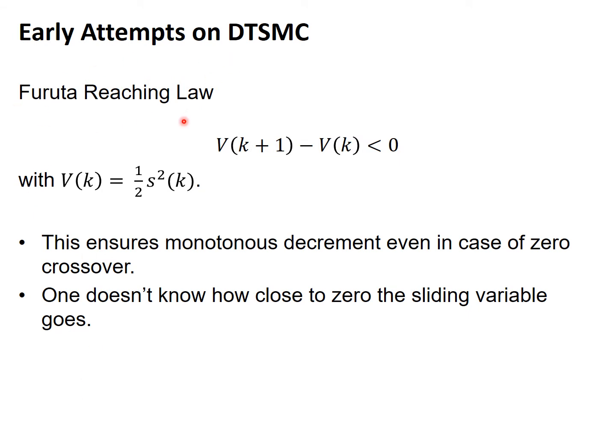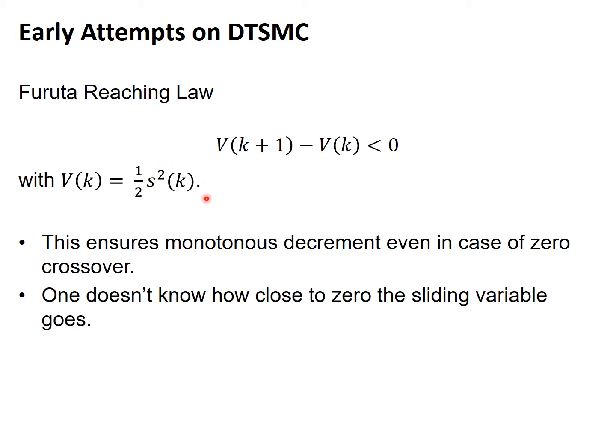So this is by Furuta, and if you look closely, the Sharptooth reaching law and Furuta reaching law are actually the same. What Furuta did was extend the reaching law. The Sharptooth reaching law was for a scalar sliding variable, and Furuta extended it to a vector sliding variable.